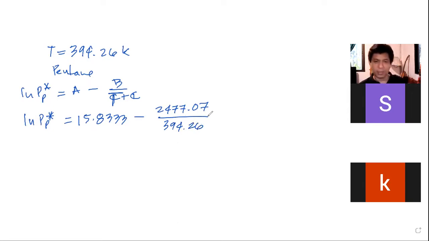Tapos, minus 39.94. Yan. Tapos, you use your calculator to calculate the P star. Okay, get your calculator. Kuha kayo ng calculator.